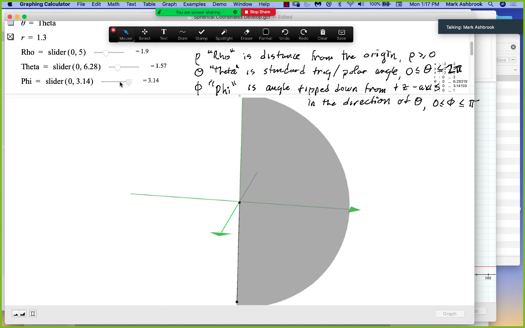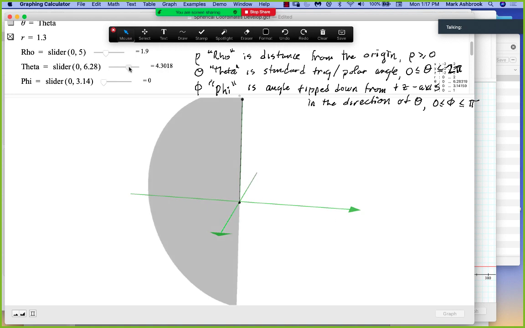Now, if I were to change the angle theta to 3 pi over 2, some students have thought in the past that this would be like negative phi's now, negative angles. No. Phi is always a positive angle in the direction of theta.